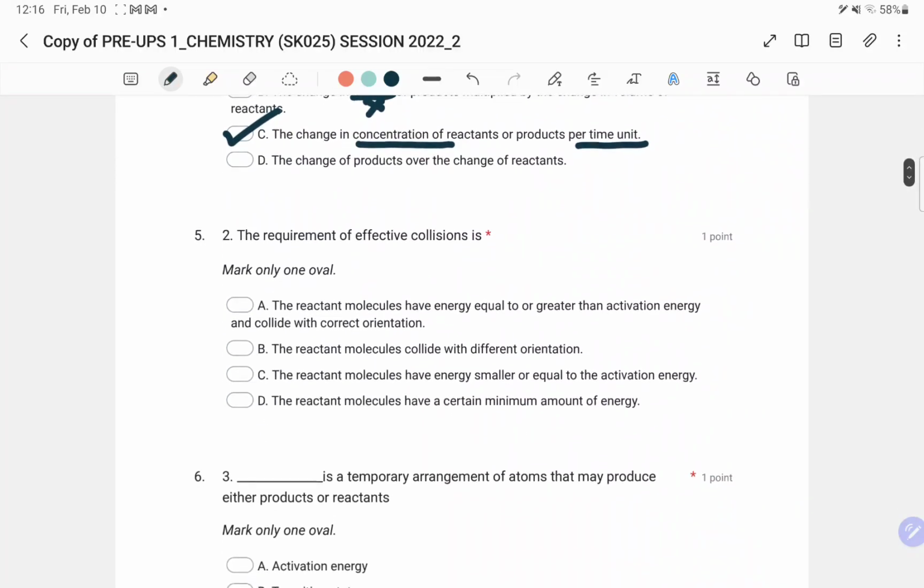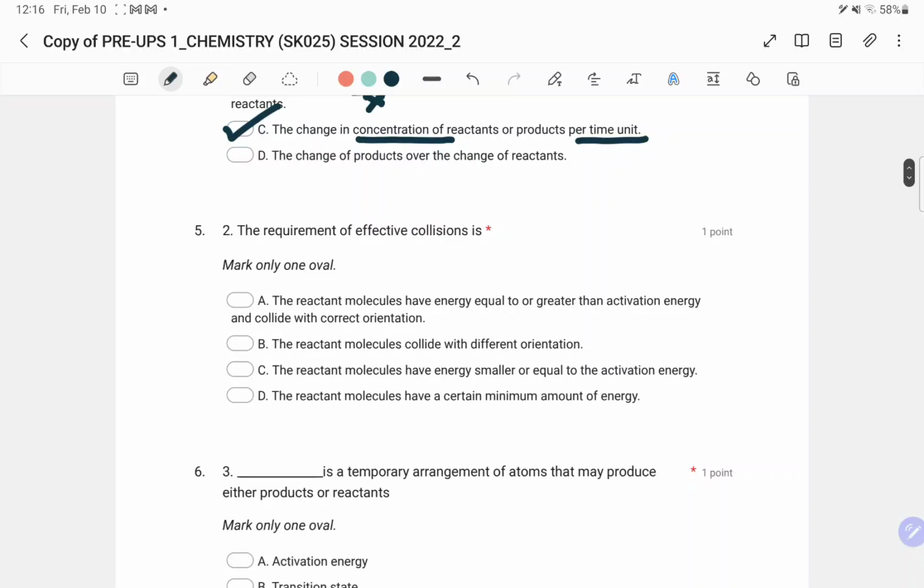Okay. So number 2 is the requirement for effective collision. So ada dua. Yang pertama, dia mesti EA greater or equals daripada activation energy.